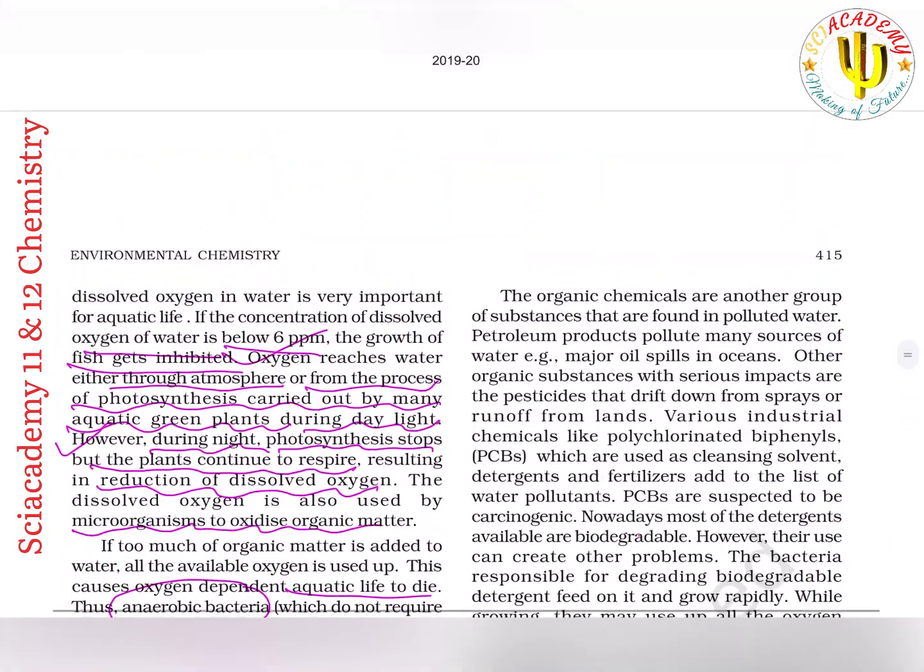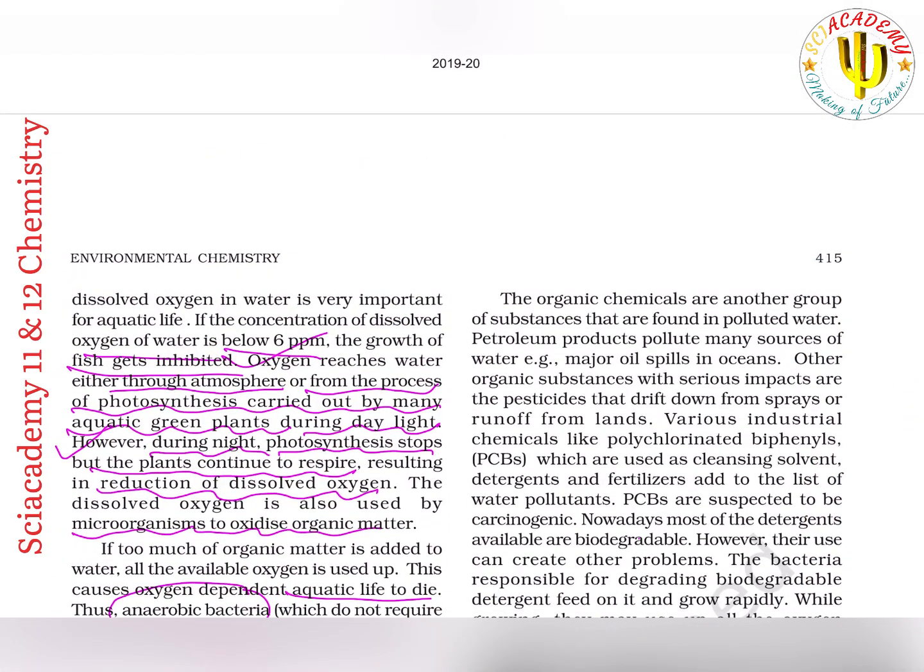The organic chemicals are another group of substances that are found in polluted water. Petroleum products pollute many sources of water, for example, major oil spills in oceans. Other organic substances with serious impacts are the pesticides that drift down from sprays or runoff from lands.